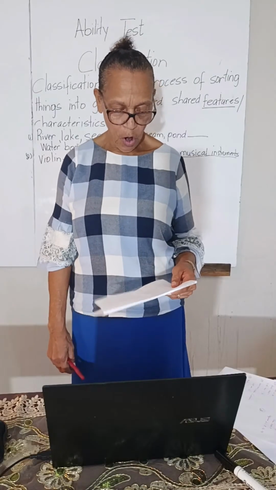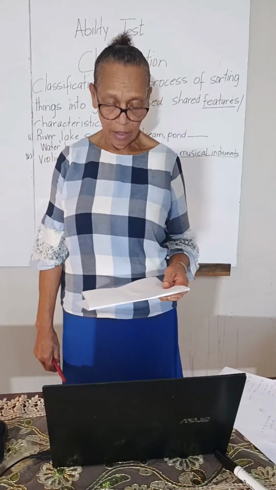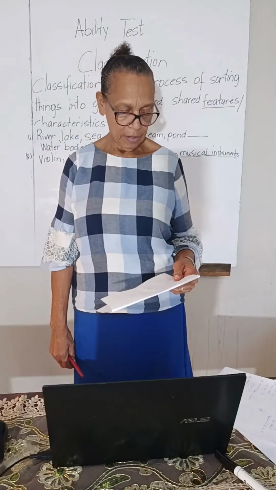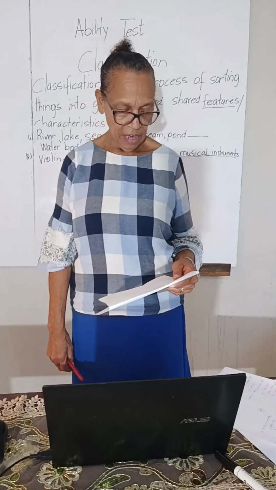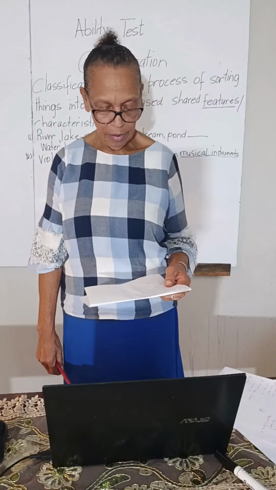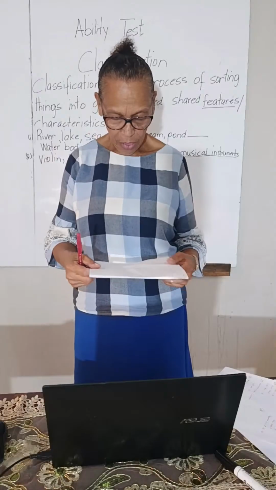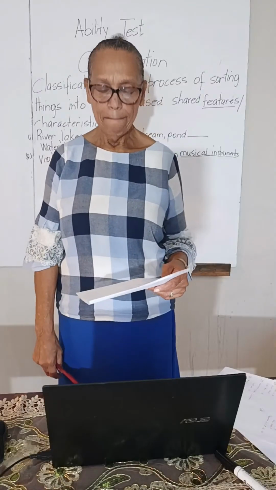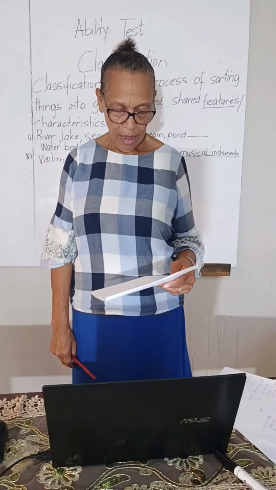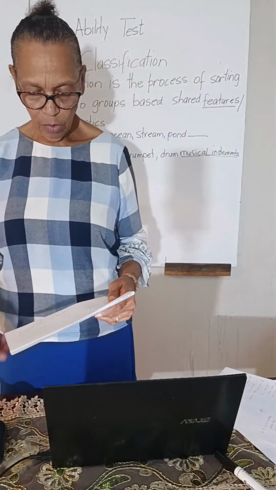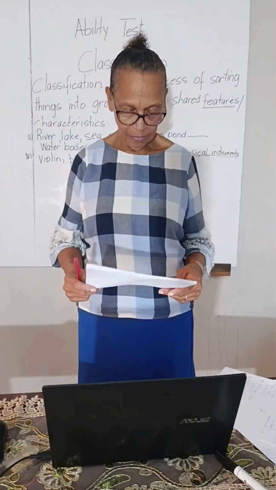Number 6: horse, pig, goat, sheep, donkey, all animals. And number 7: gold, silver, pearl, copper, and those are all metals.